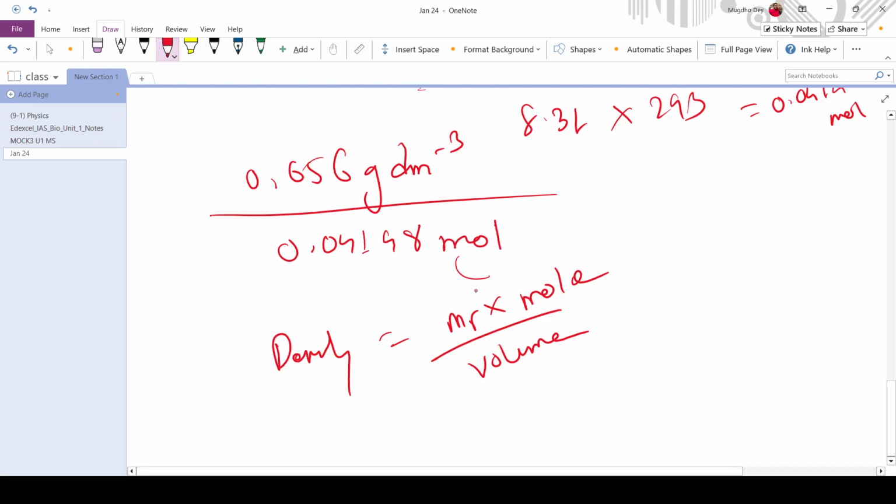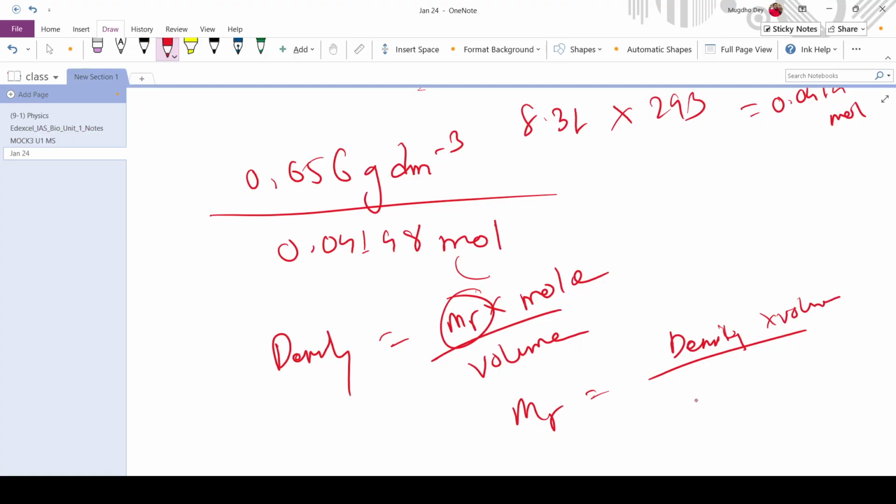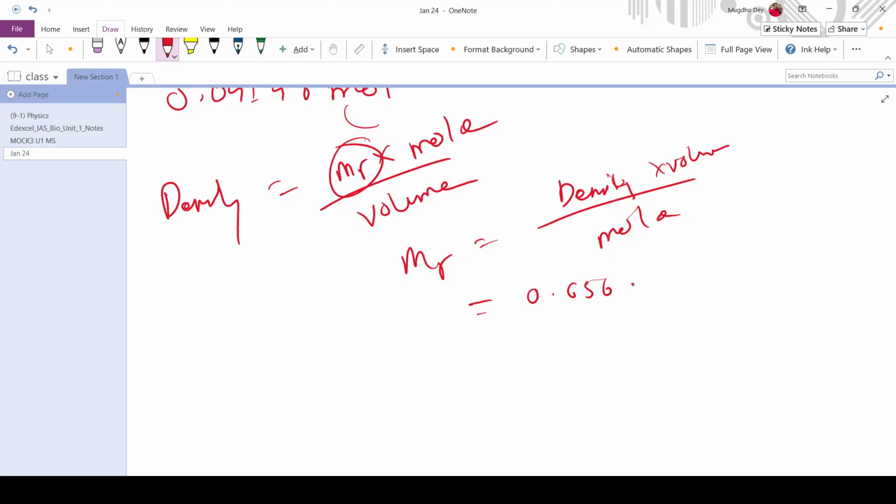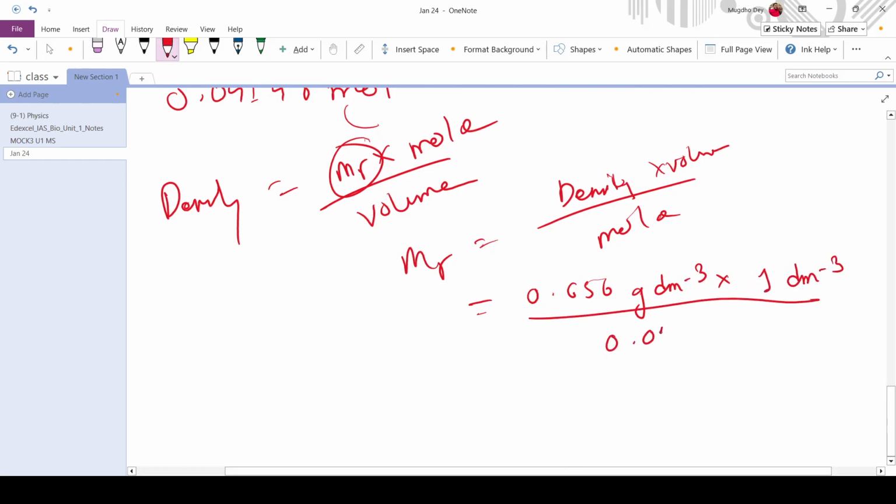So if you want to make the molar mass the subject, it is density times volume divided by mole. I just made molar mass the subject. Now I think we know everything. We know the density, which is 0.656. We also know the volume, which is obviously 1 dm cube. So gram per dm cube times 1 dm cube, divided by 0.04148 mole.